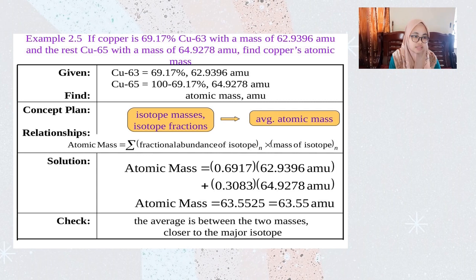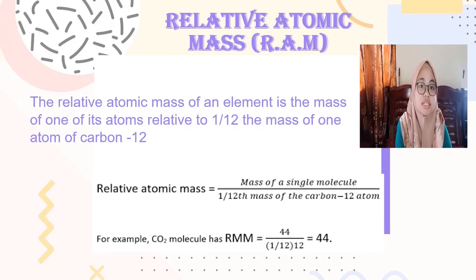Okay, next we go to the relative atomic mass, or what we call RAM. The relative atomic mass is the average mass of one atom of an element when compared with 1/12 of the mass of an atom of carbon 12, or compared with one normal hydrogen atom.